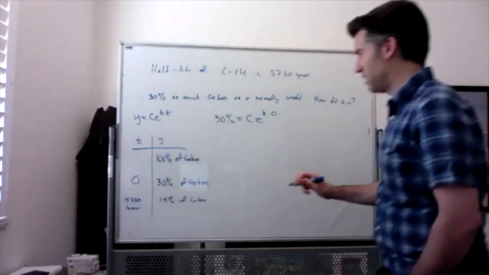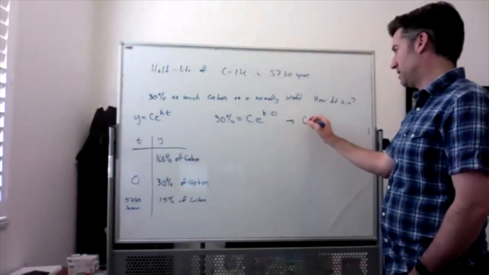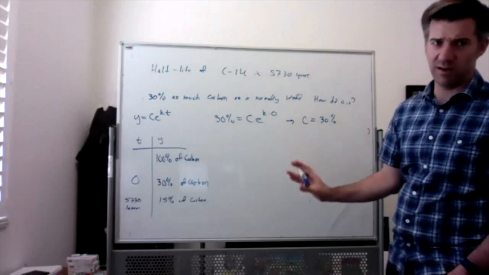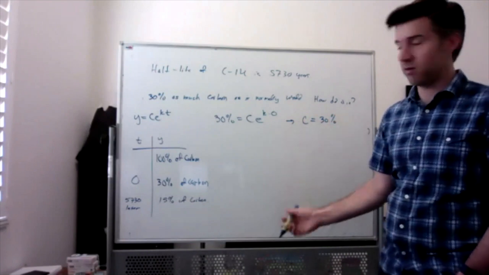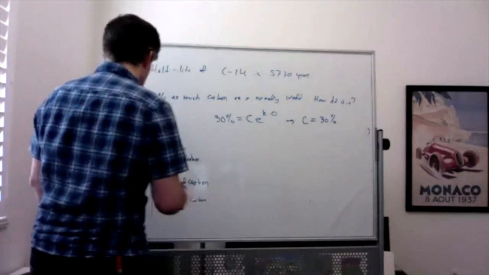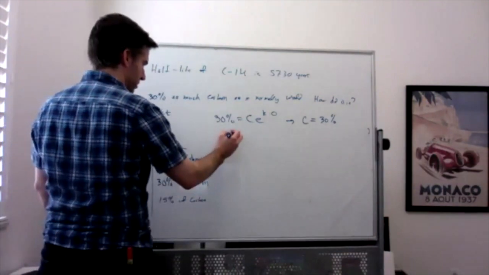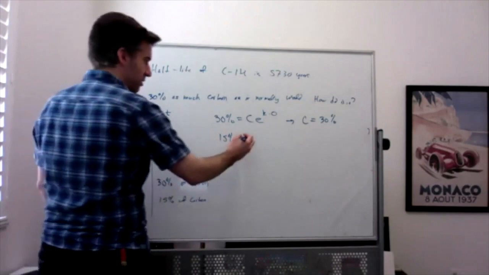So my C here is 30%, which is kind of funky. Don't worry, it's going to work out all right. And then 5,730 years later, I'm going to have 15% of whatever I started with.